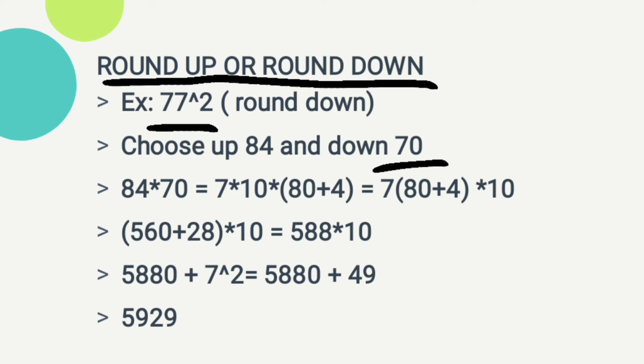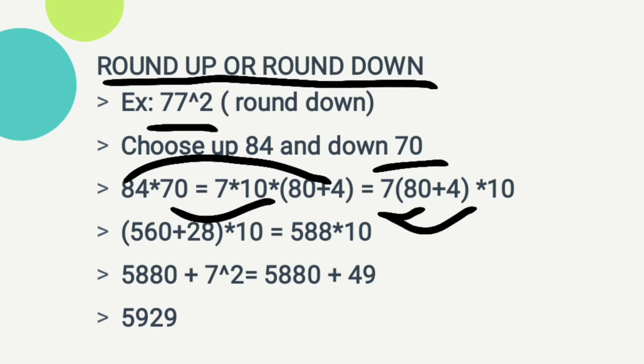We know 70 is written as 7 into 10 and 84 is written as 80 plus 4. Multiply 7 and 80 and 7 and 4 and add the result. That is 7 into 80 is 560, plus 7 into 4 is 28. When you add these numbers, you get 588.